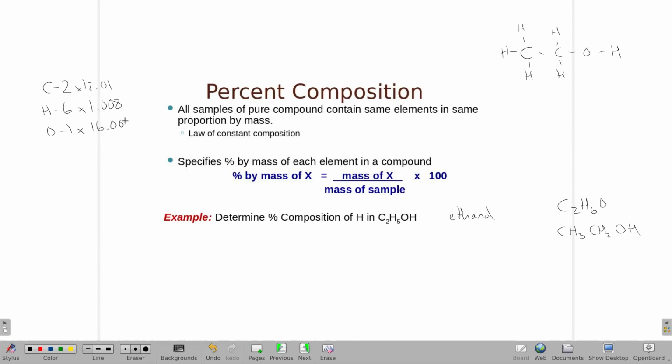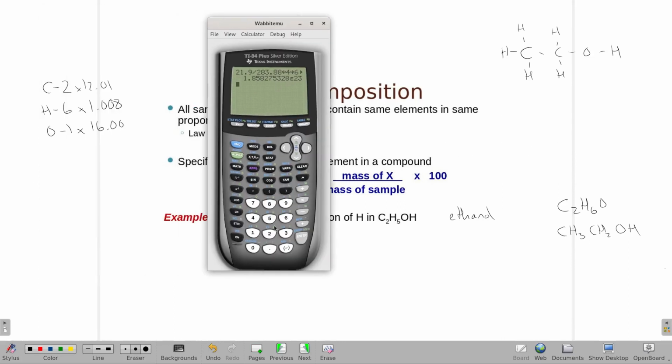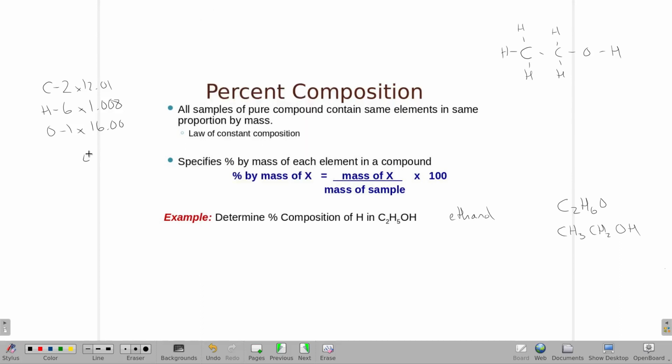So ethanol, we get something like this. 2 times 12.01 plus 6 times 1.008 plus 16 gives us a formula weight of 46.07.